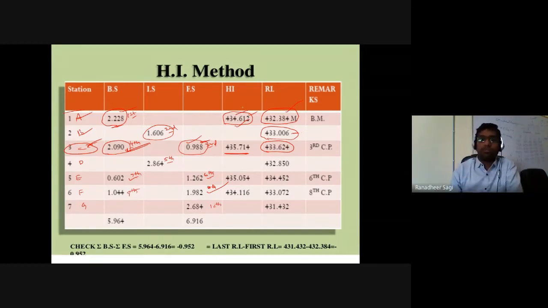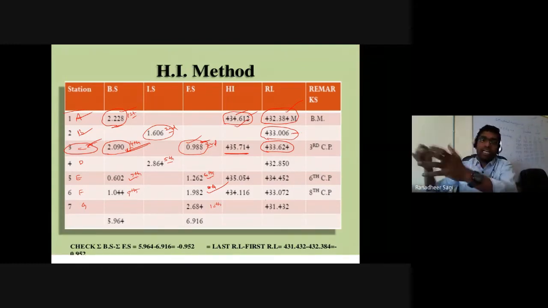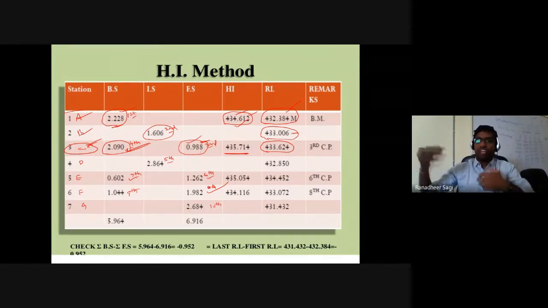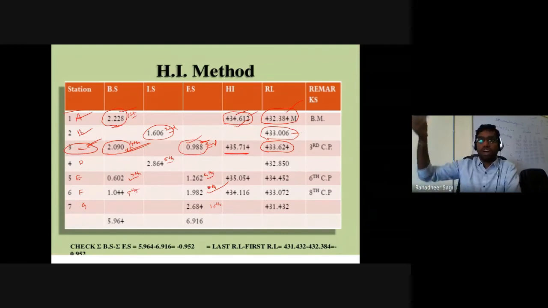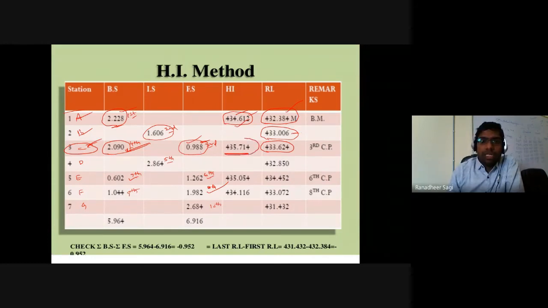So height of instrument is nothing but the RL value of point A plus the backsight reading you had at point A. Now, likewise, what is the height of instrument with regard to the second shift? When you have shifted your instrument, what is the height of the line of collimation? The height of the instrument at point C position is equal to the RL value of point C plus the backsight reading I have got with regard to point C position.